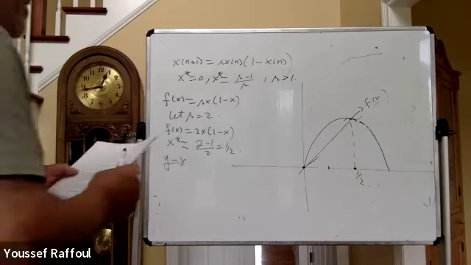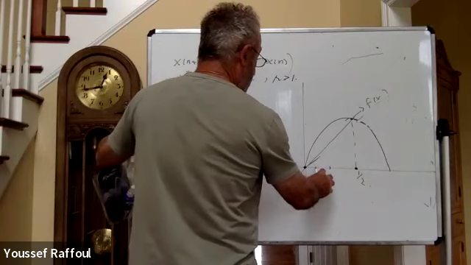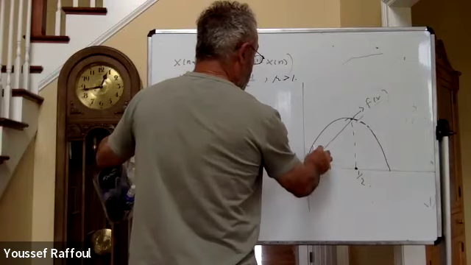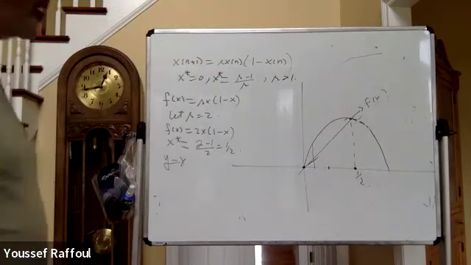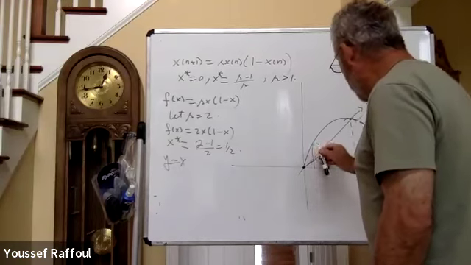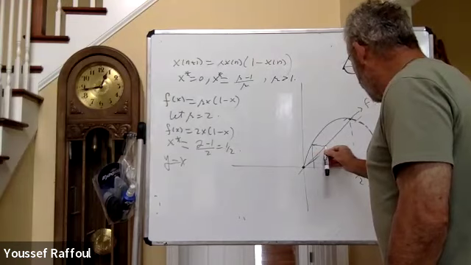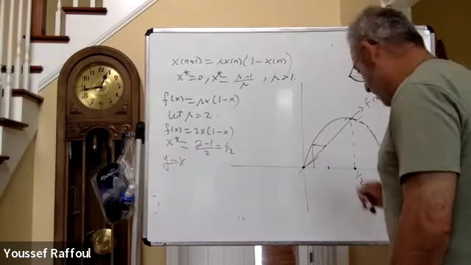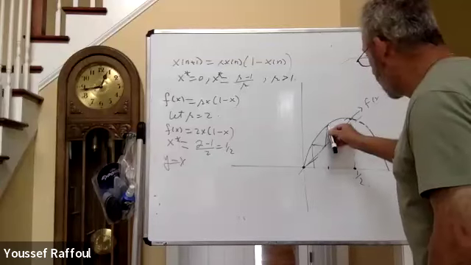So where am I going to go? Let's start anywhere here. I said we go straight to f. Do you remember? We go straight to f. Then what do we do? We go horizontally to this. Then we go up to here.